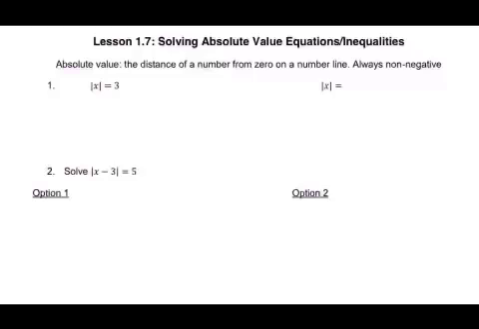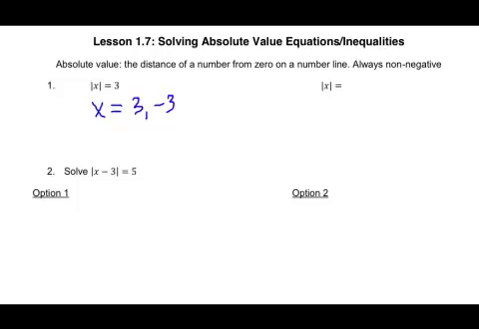So just a reminder, the absolute value is the distance of a number from 0 on a number line. It is always non-negative. So again, the distance from 0, it's always going to be a positive number. So for number 1, the absolute value of x equals 3. So x could be either a positive 3 or a negative 3, because again, the absolute value always creates a non-negative number.